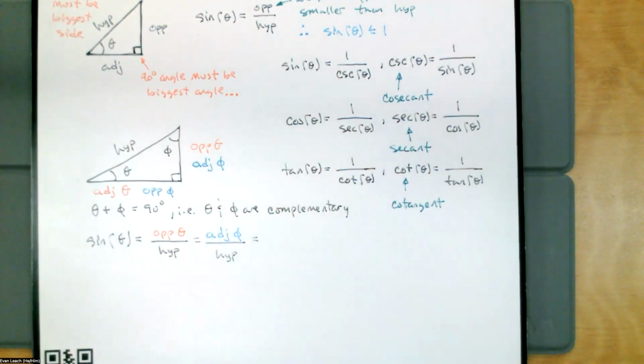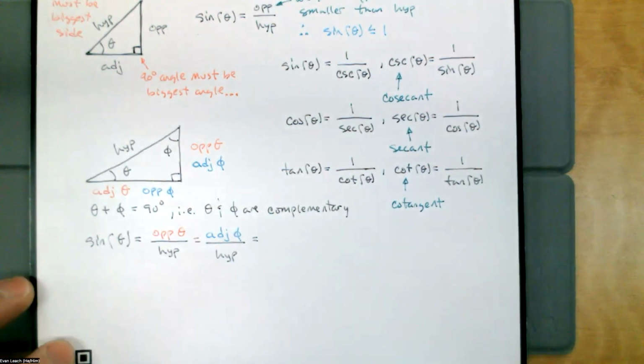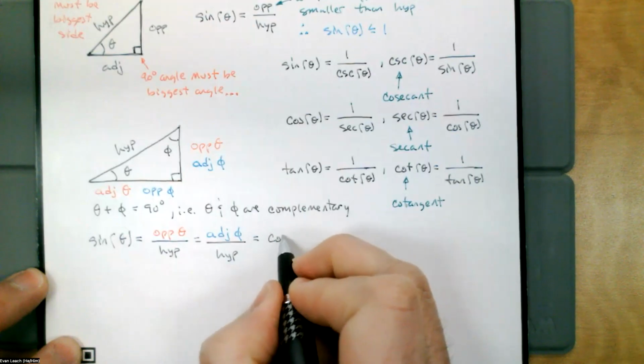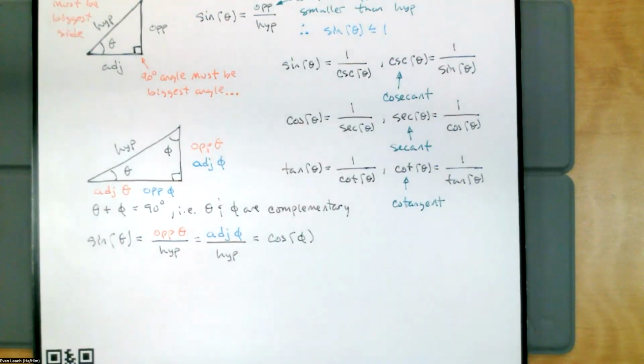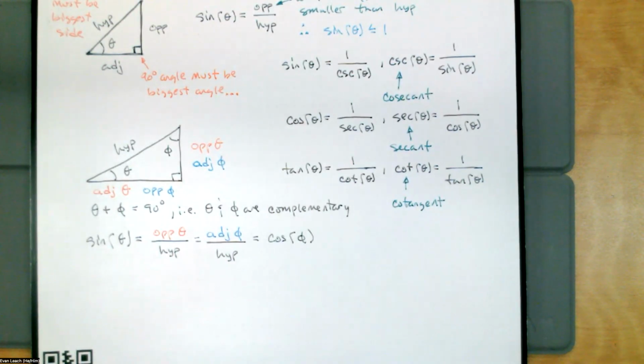And which trig function is adjacent over hypotenuse? Cosine. So the sine of theta is equal to the cosine of phi, because the side opposite theta is the side adjacent to phi, and the hypotenuse is still the hypotenuse.